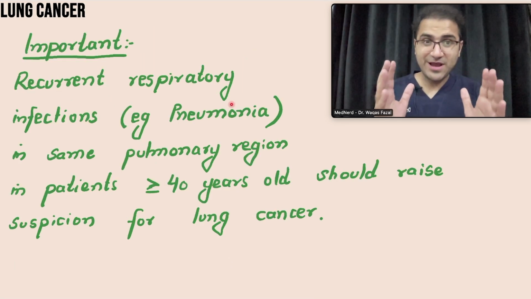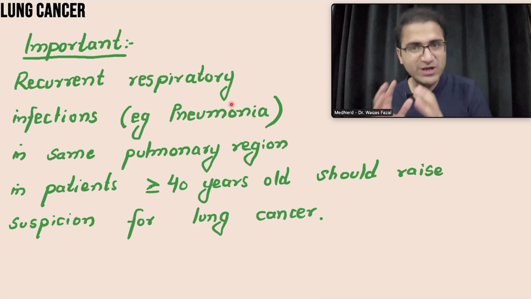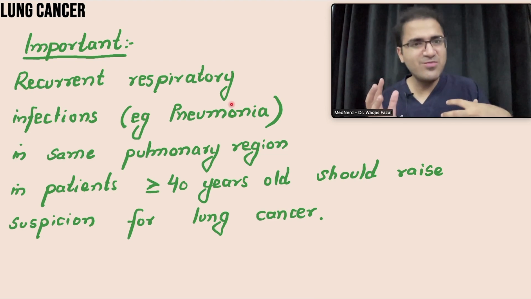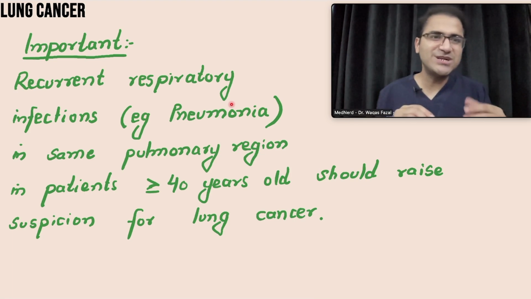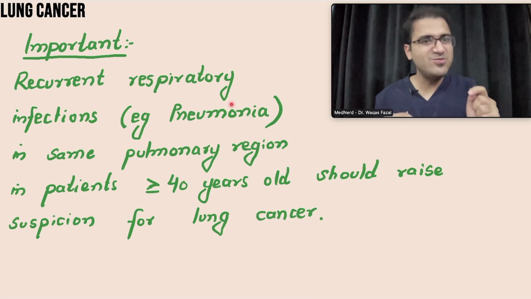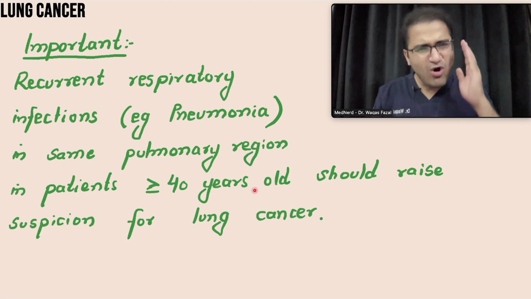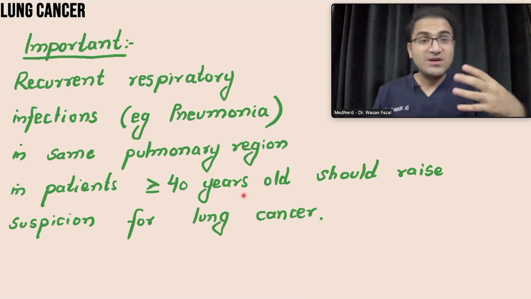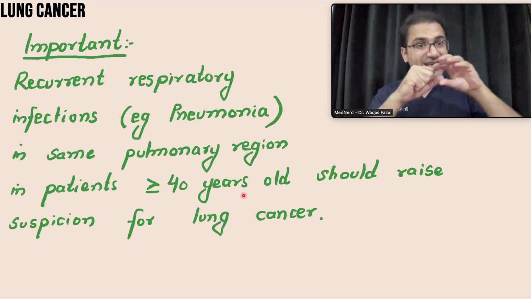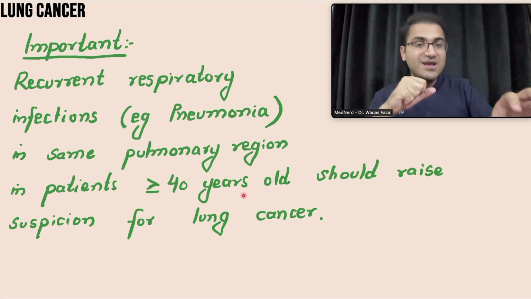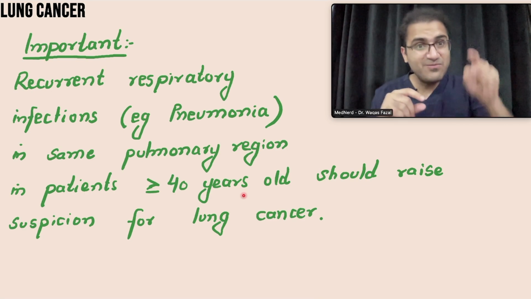It is a very important and high yield clinical point that if a patient has recurrent respiratory infections, pneumonias in the same pulmonary lobe, you treated that patient with antibiotics, that patient went back, and again developed pneumonia in the same pulmonary region, and the patient's age is greater than or equal to 40 years, it should always raise suspicion for lung cancer, because lung cancer can block the airways, and when the airways are blocked, it can result in bacteria growing there, and when the bacteria grow there, it will result in recurrent episodes of pneumonia in the same pulmonary region.